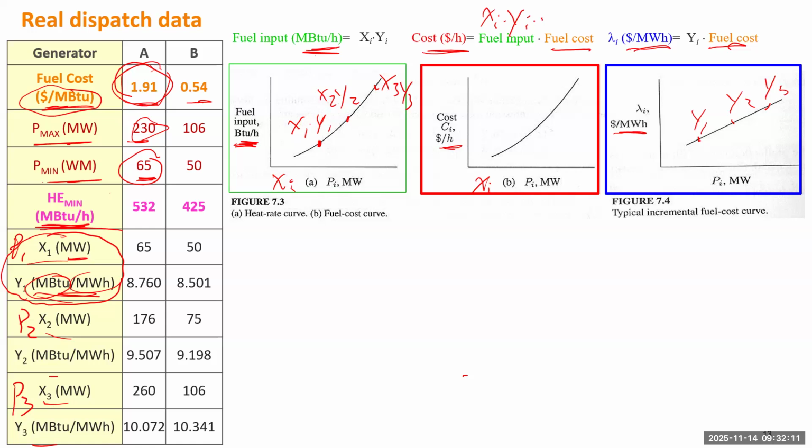And the next question is, where is this one? This one says no matter how much power you generate, you need to provide this MBTU fuel every hour. Okay, so that means this point has a 0 output, and the value has unit of MBTU per hour.